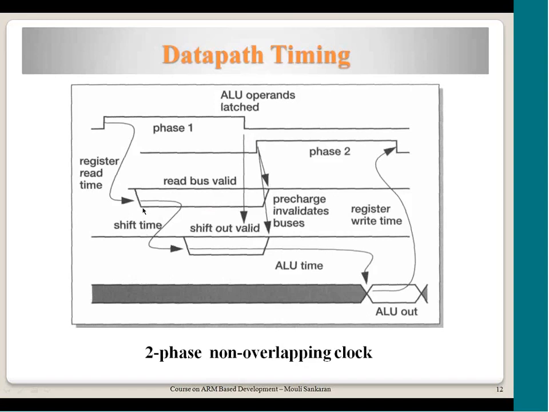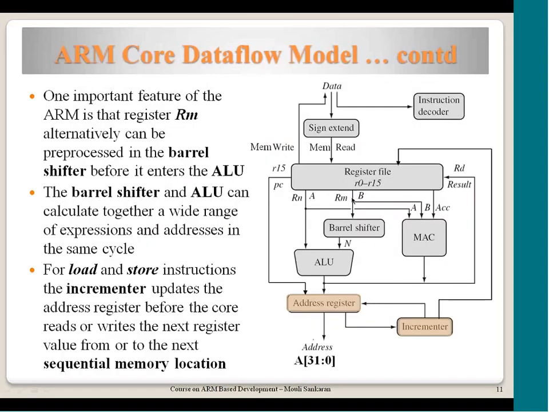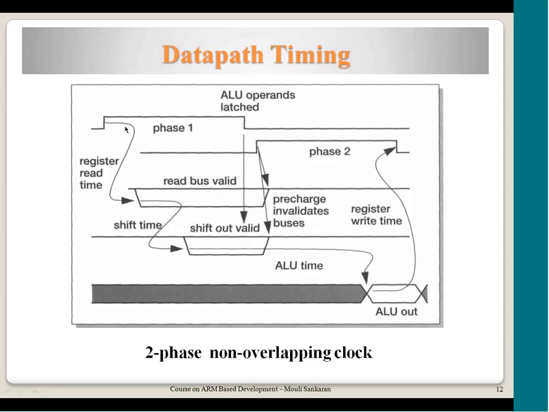If you recall these two, suppose you assume that these two signals are coming and the barrel shifter is ready to accept the data which is coming in through ARM. Now when the first clock, phase 1 clock, goes up, the register read time starts and the contents of the selected registers in the register file are available on the bus, and the ALU reads one of the operands. The operand could pass through a barrel shifter and then come to the ALU, or it could be read directly by the ALU.